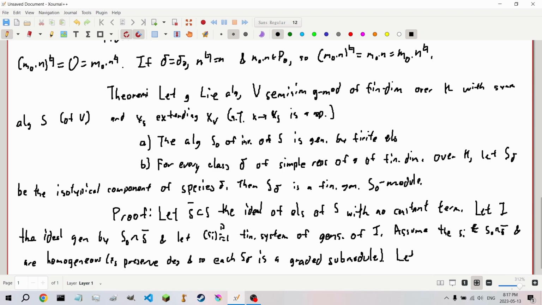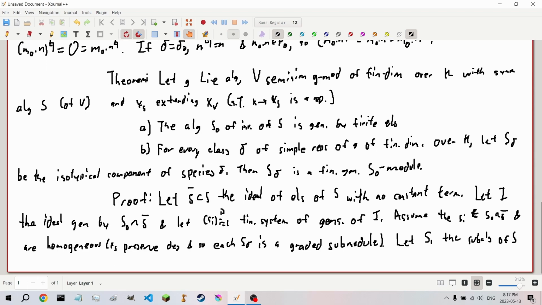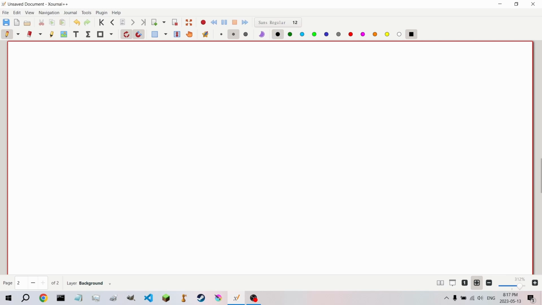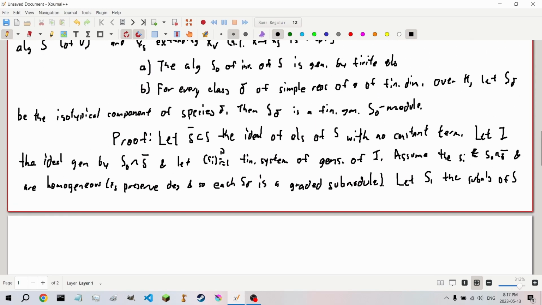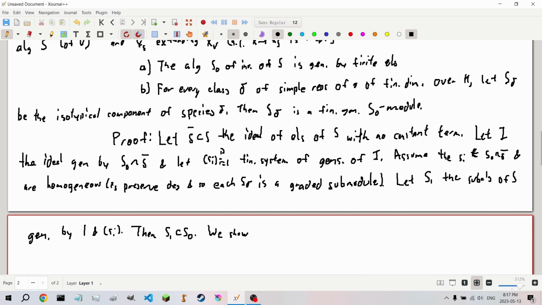We're going to let S1 be the subalgebra of S generated by 1 and the Si. We show S1 is S0.